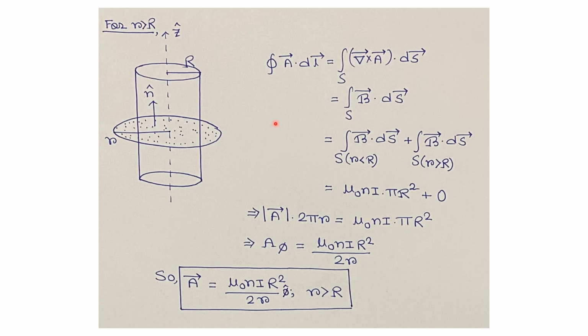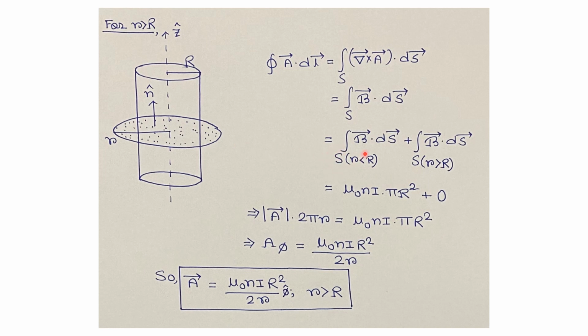Now the magnetic field inside the solenoid is constant, that is mu naught N i, but outside the solenoid the magnetic field is 0. So we will split this surface integral into two parts: one for inside the solenoid and the other for outside the solenoid.